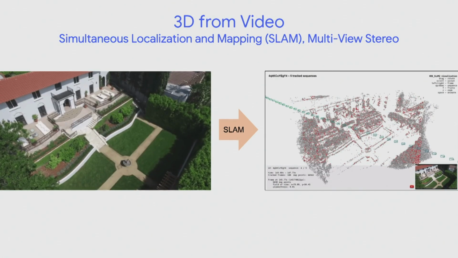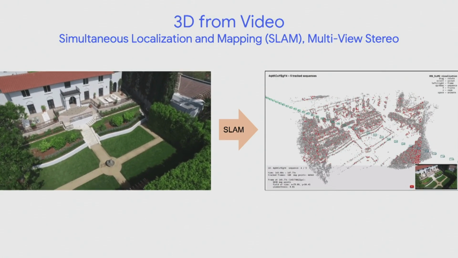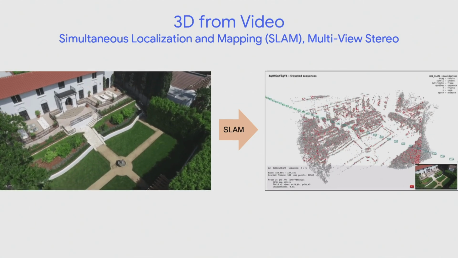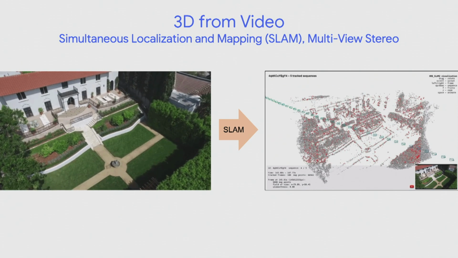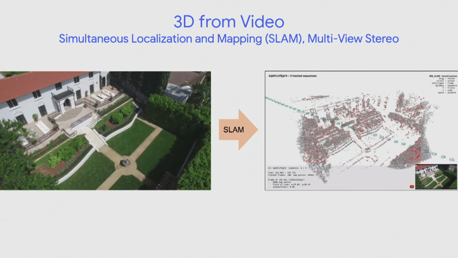What does exist, and almost everyone in this room probably has one in their pocket, is a video camera on their cell phone. So why can't we do 3D from video? Well, this is, again, a thread in computer vision that's been worked on for a very long time. It's usually referred to as simultaneous localization and mapping, or SLAM, or multi-view stereo.